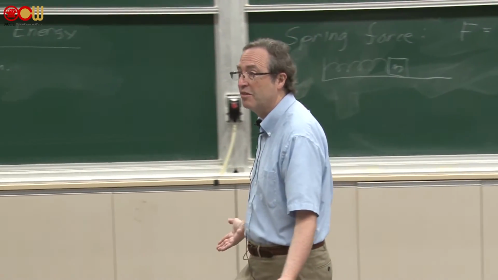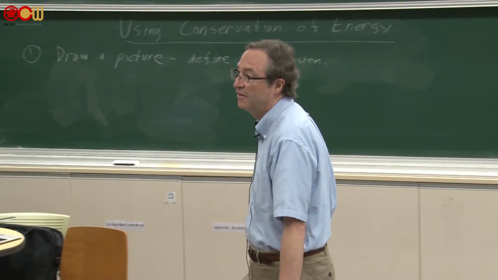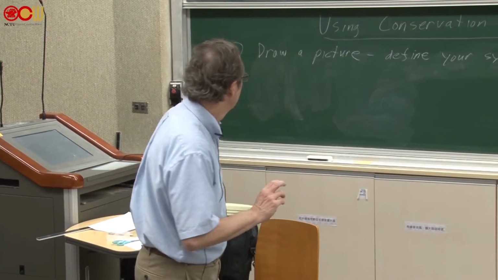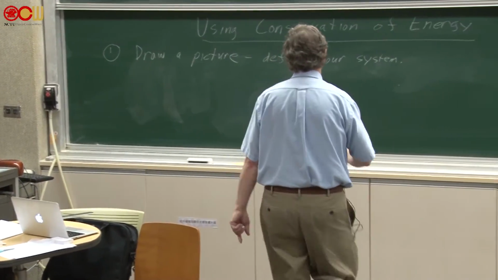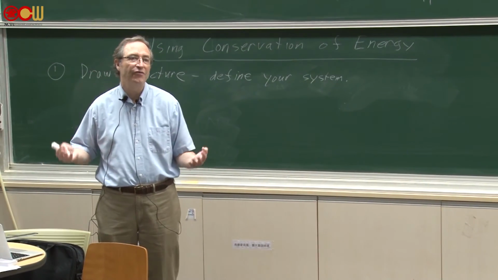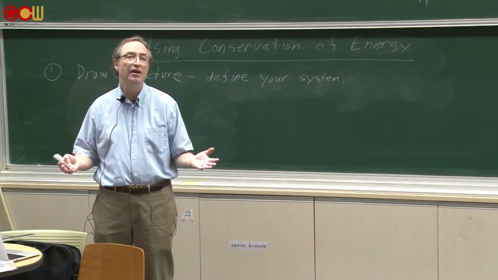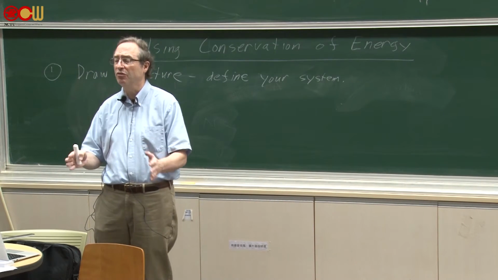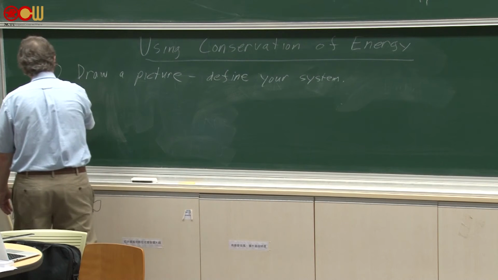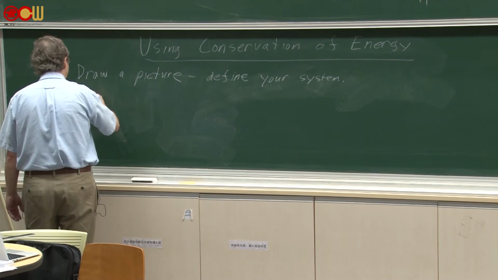Relative to the Earth, the motion of the Earth is zero. Okay. All right. So we have to keep track of what our system is. And when we're dealing with gravity, we have to include the Earth, but we don't have to include its kinetic energy.